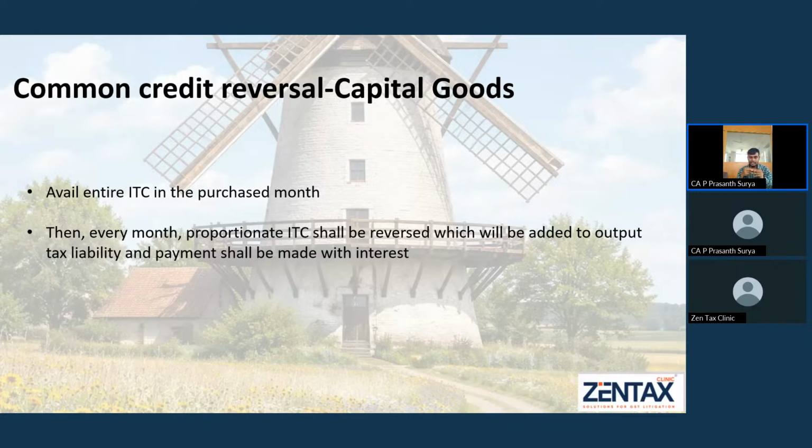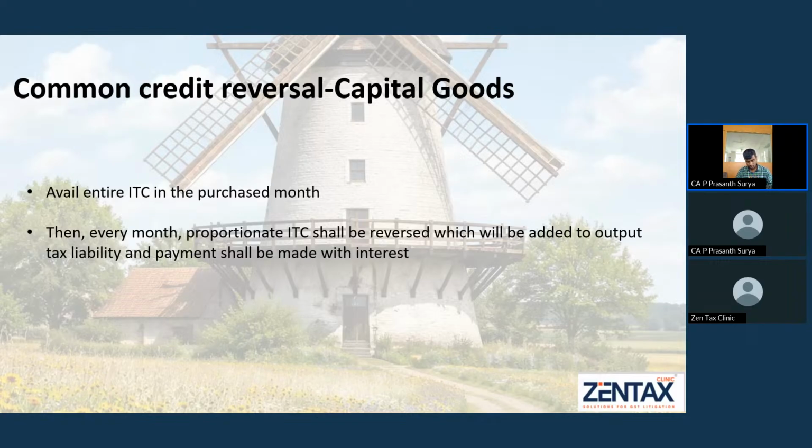While purchasing capital goods, we will not even be aware of the exact ratio. For example, you have purchased capital goods for 5 lakh rupees. You are not sure how much taxable supply will be done through production from that machinery and how much exempted GST supply. You will not be very sure.